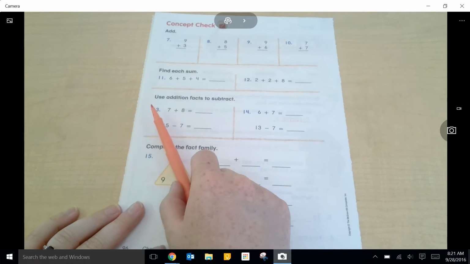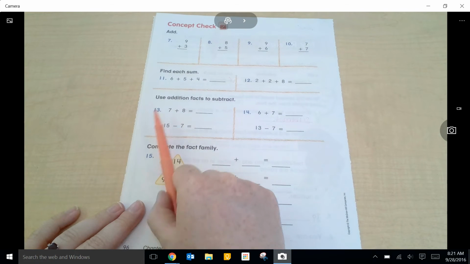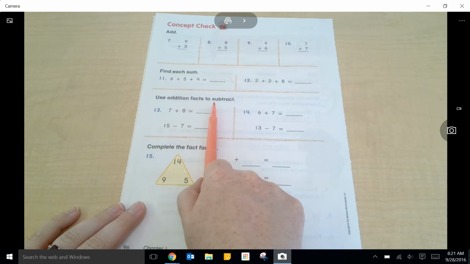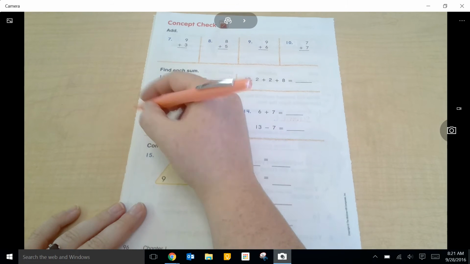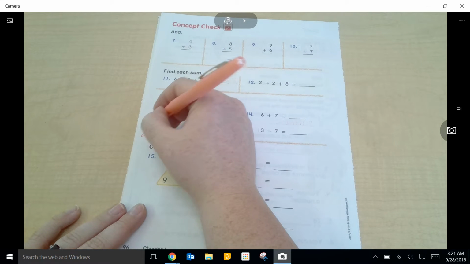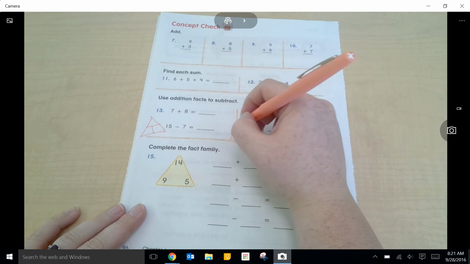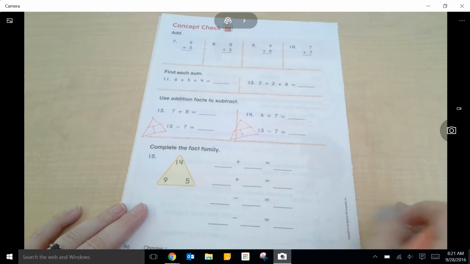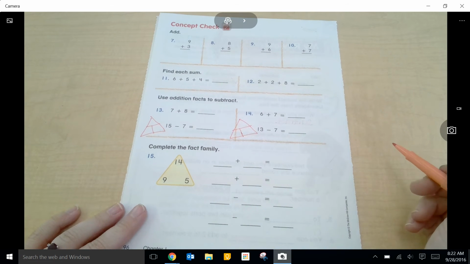Pause the video if you need more time. Number 13, use addition facts to subtract. Remember, you can use that triangle trick to help you. Pause the video and finish number 13 and 14.